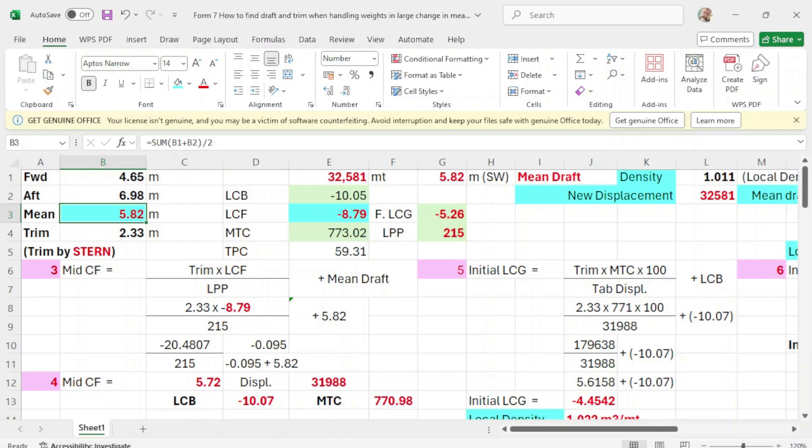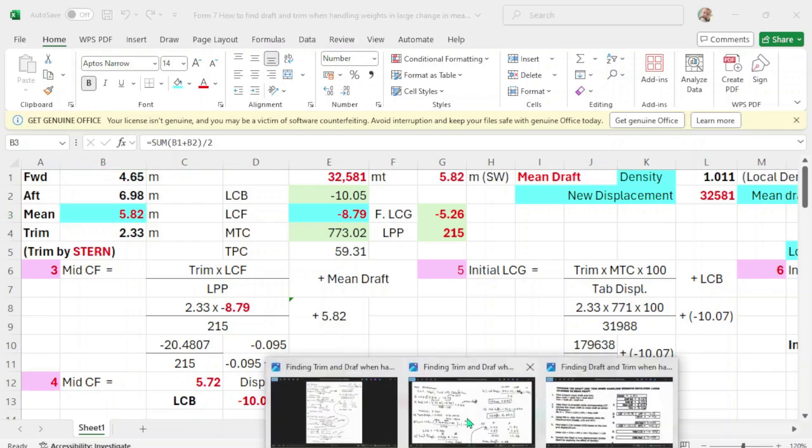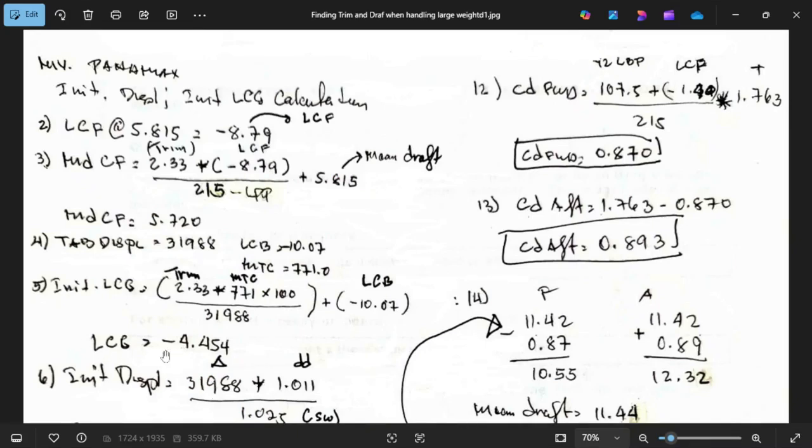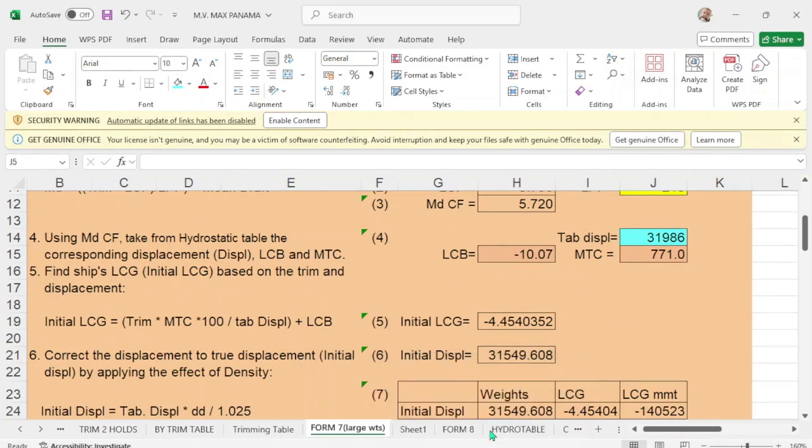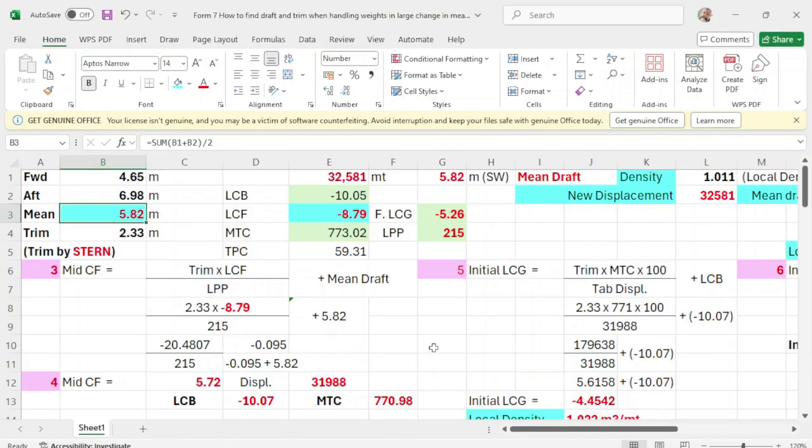Number 5 is negative 4.54, and here number 5 is negative 4.54.